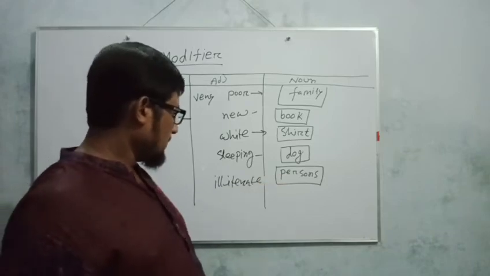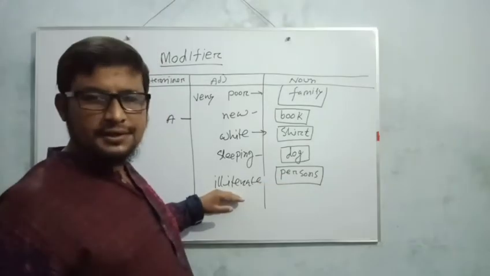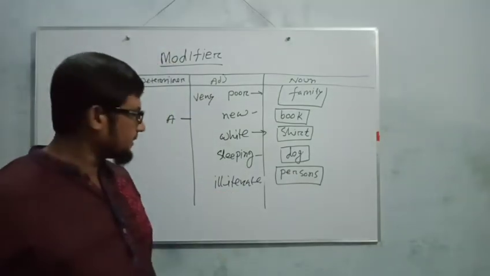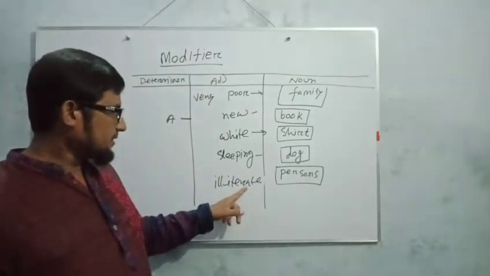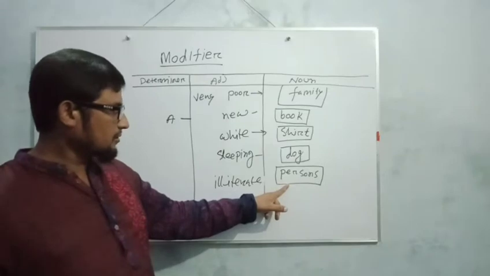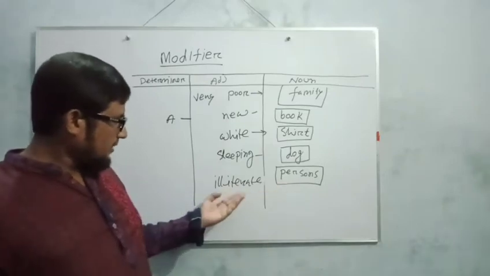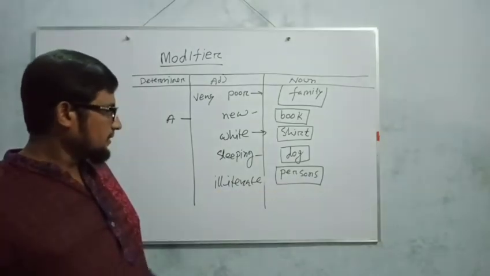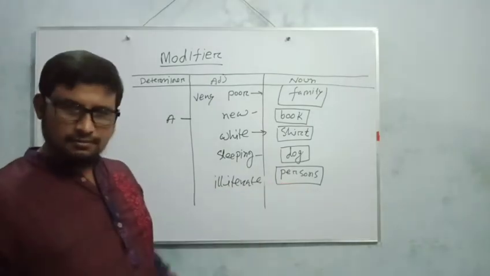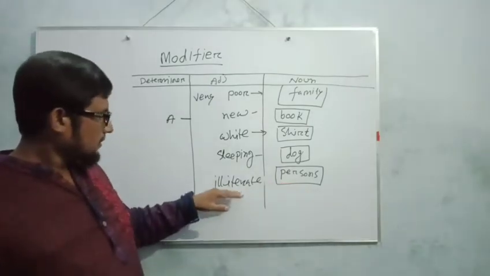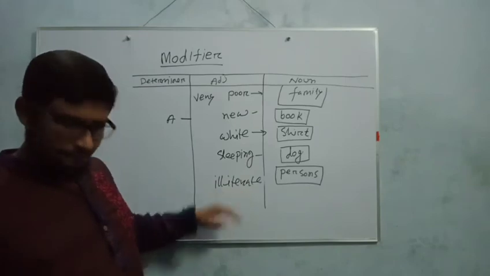Illiterate persons. By the word illiterate, we understand that the person is not only persons, we understand the negative quality of the persons. So this is also called a modifier.